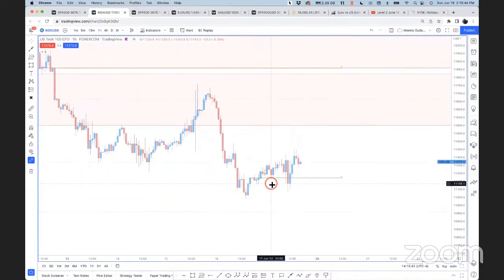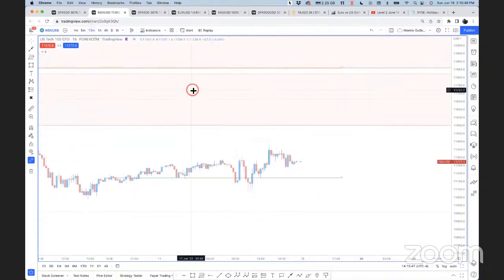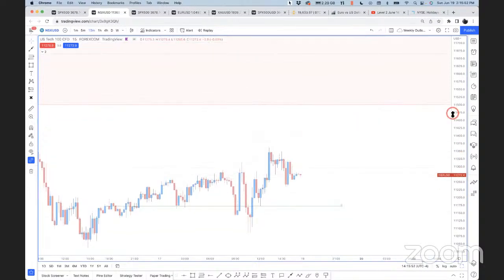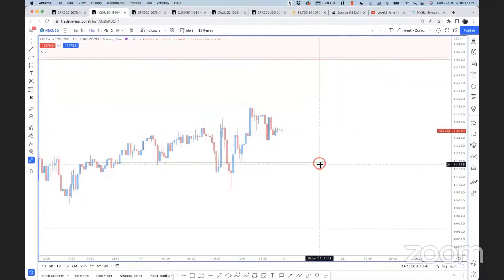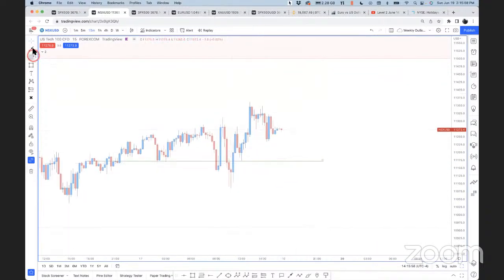No buy imbalances on the 1 hour. And then I think you mentioned 15-minute. On the 15-minute, I see one.